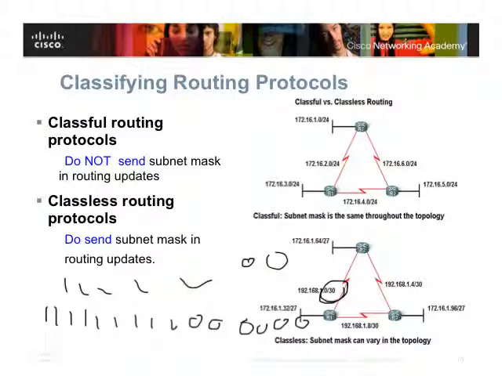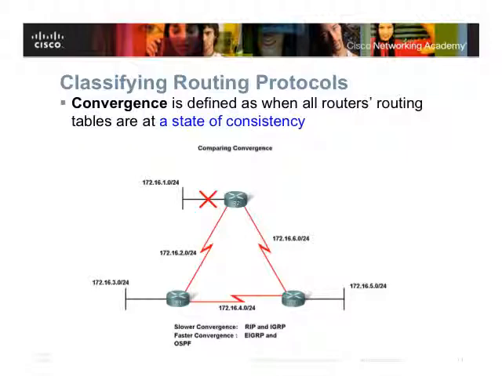So that reflected some changes on the dynamic routing protocols, that now the routing protocols will have to exchange subnet masks as part of the route updates. And this is very important.